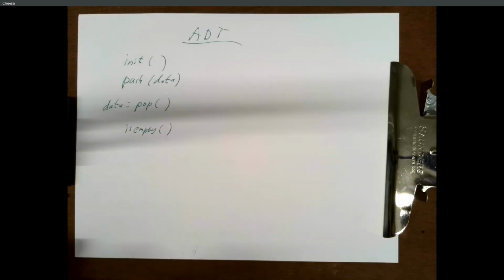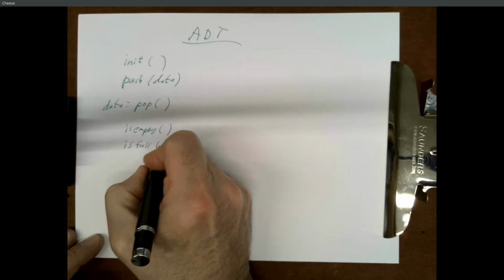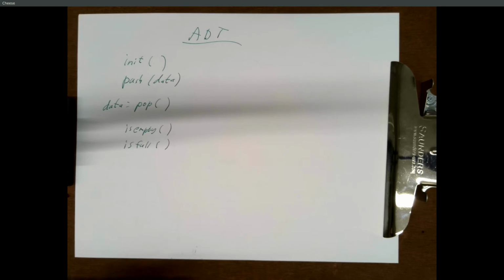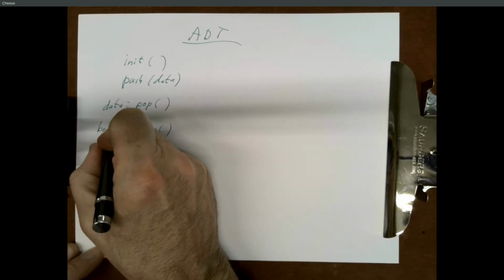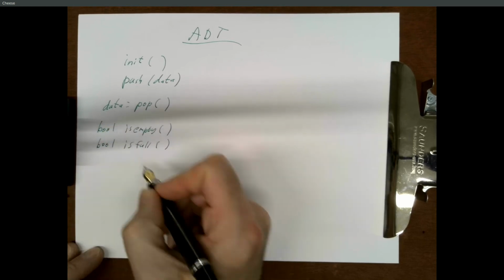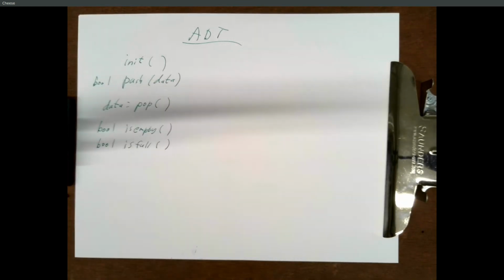We might want a function we can call isEmpty, which says is the stack empty. And we might want an isFull, which says is the stack full. Are we going to get an error if we try to push something? And maybe these are Booleans. And maybe push could be a Boolean, which tells us, did I succeed in pushing or not?